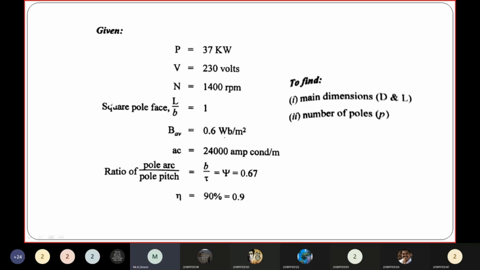And then average flux density is 0.6 Weber per meter square and ampere conductors is 24,000. B by tau, or BAV by BG, psi, is 0.67. Eta is 90%, that is 0.9. We have to find out main dimensions D and L and number of poles P.